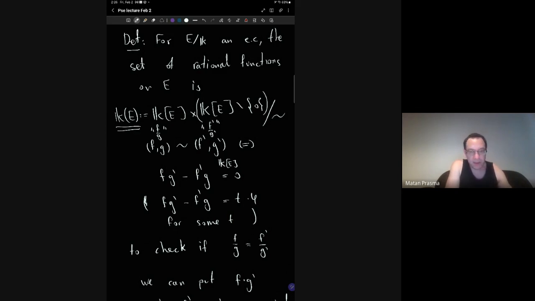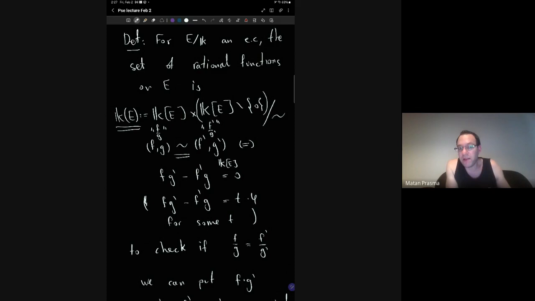So the definition is this one, K of E. This is analogous to the process we had in the affine case. We first define a notion of polynomial, and then we define the field of rational functions as a quotient of polynomials such that the denominator is non-zero. Or alternatively, it's a set of pairs modulo some equivalence relation, specifically this one.